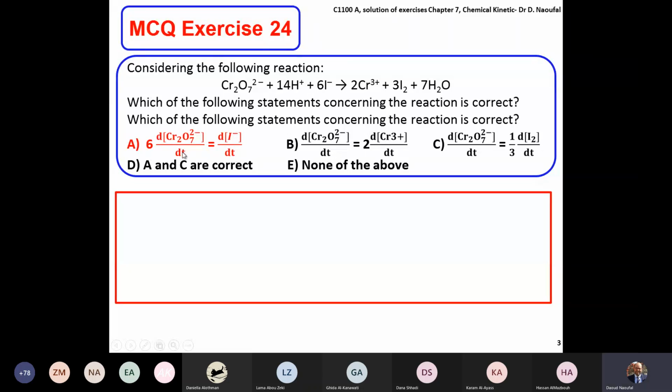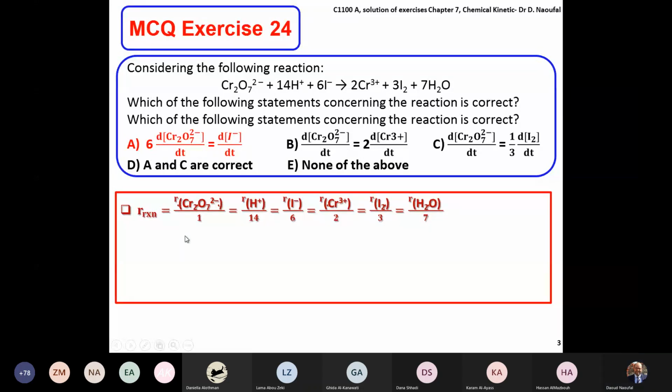Note that the rate of the reaction is related to the rate of disappearance of reactants and the rate of formation of the products according to the stoichiometry. And pay attention, this relation should be applied at the same time t for all reactants and all products.